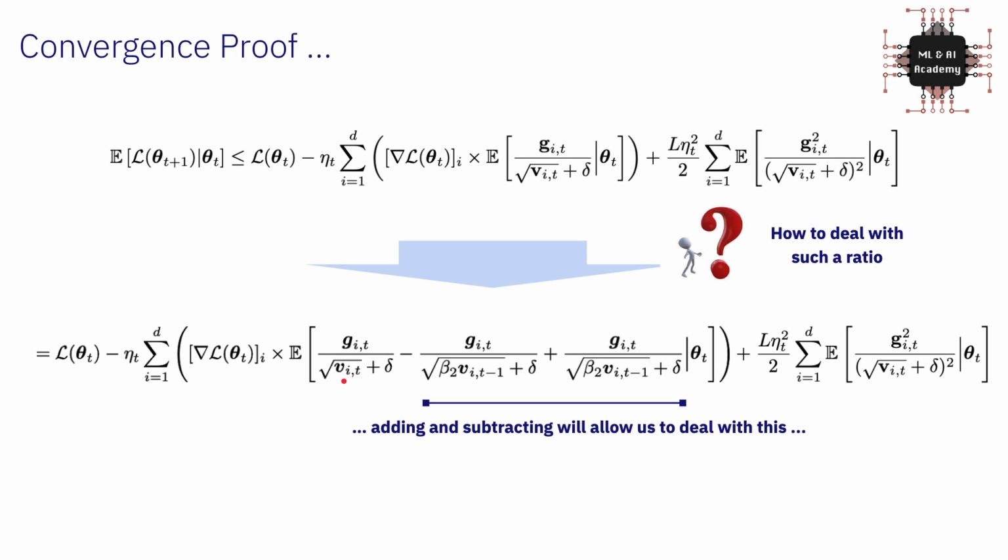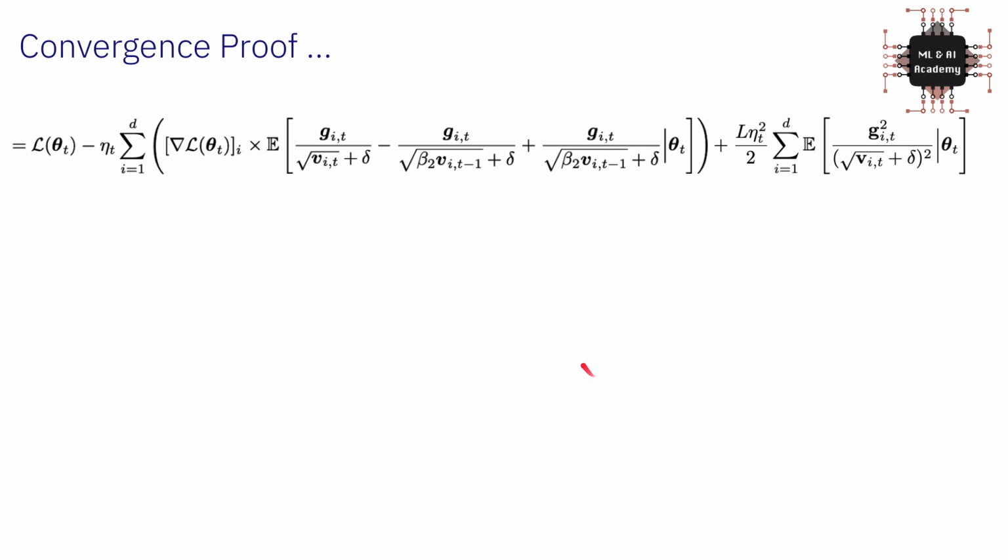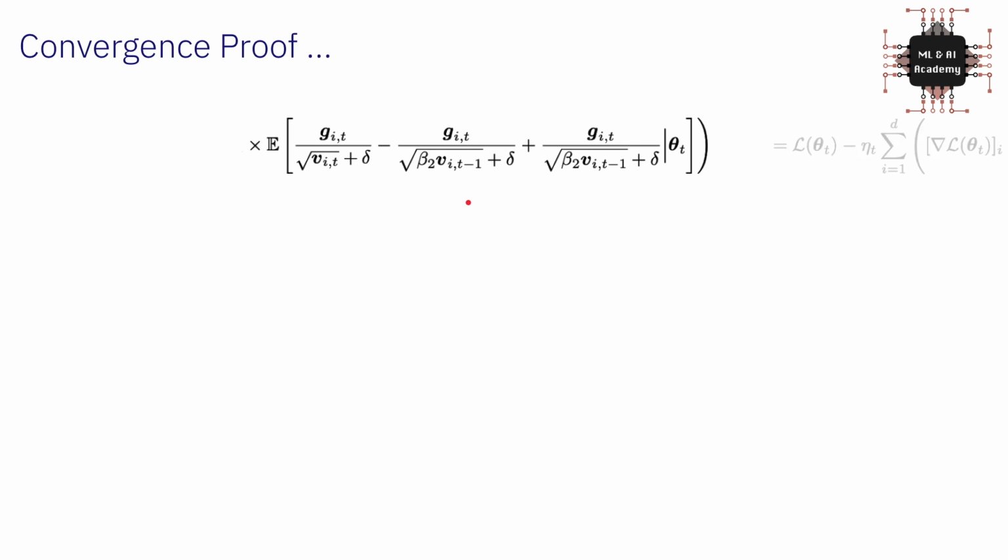We're going to exploit that in a second, and that's what will allow me to deal with this ratio. But for now, all we've done, because we want to handle a ratio of dependent random variables, is add and subtract this term. So now after adding and subtracting this term, what are we going to do with this expectation? Because now remember, we have the expectation of a sum A minus B plus C.